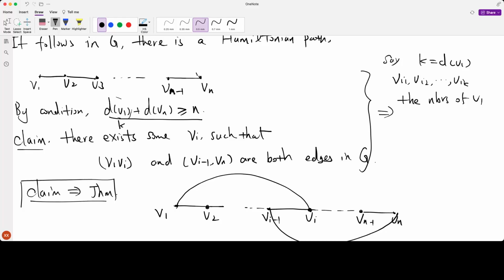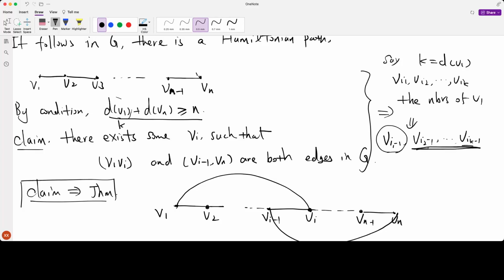Okay, so we know that for example, vi1 minus 1, vi2 minus 1, vik minus 1, these k vertices are distinct, but possibly this guy is v1, and we know that v1 and vn has no edge. But anyway, these k vertices are distinct, and in particular these vertices.